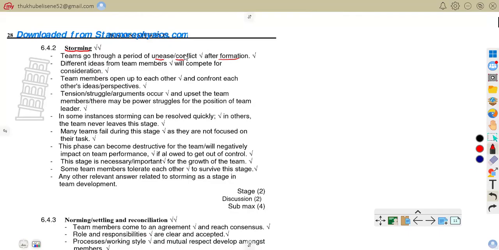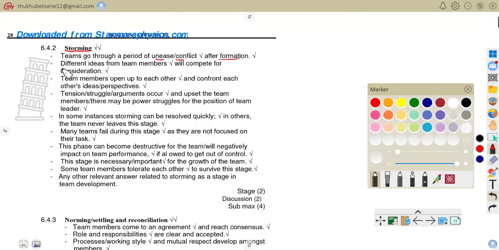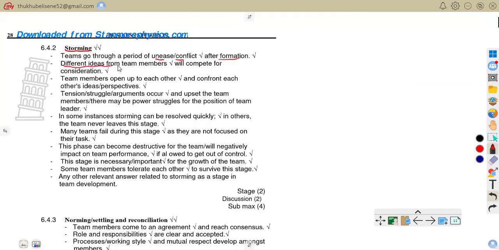So there are going to be conflicts that arise. Different ideas from team members will compete for consideration. So now we're talking about what? Different ideas that are going to compete. So now it means this is a stage whereby each and everyone is trying to give his or her view. So that's why you're going to experience some conflicts, and that is why it is an uneasy stage.